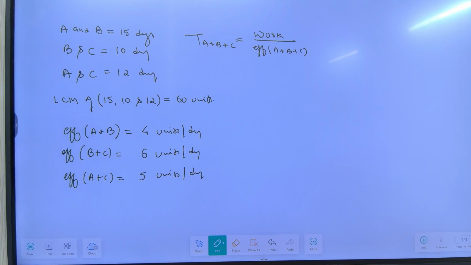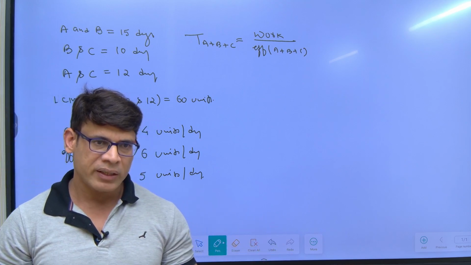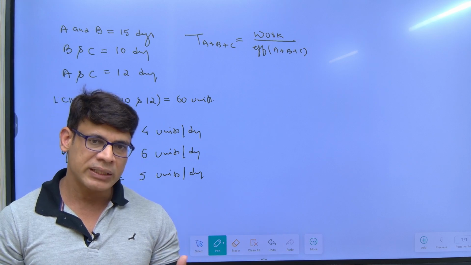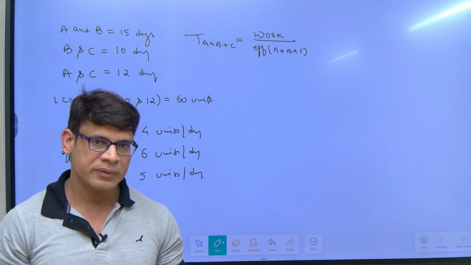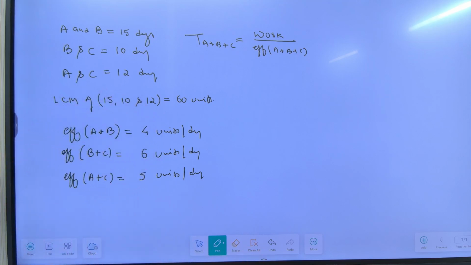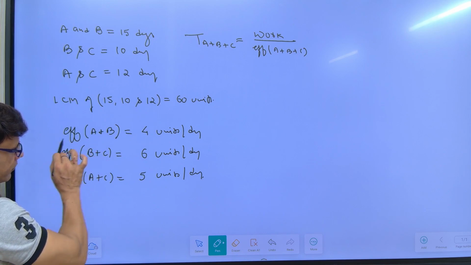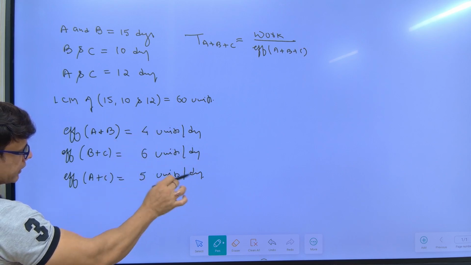To find their individual efficiency, see this: whenever there is a cycle, meaning A, B, B, C, A, C, right? You will have these kind of questions in algebra also. Whenever we have such cases in time and work, add them. Make this first equation, second equation, third equation.